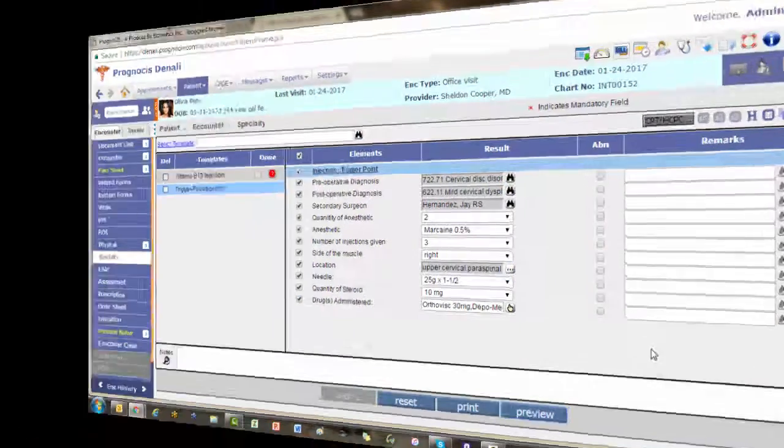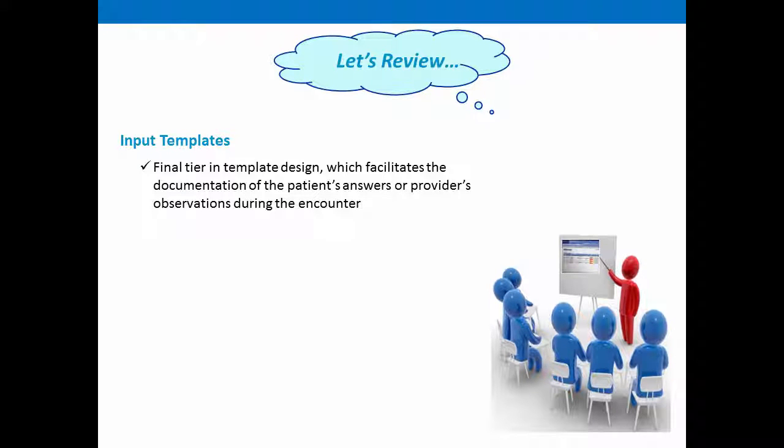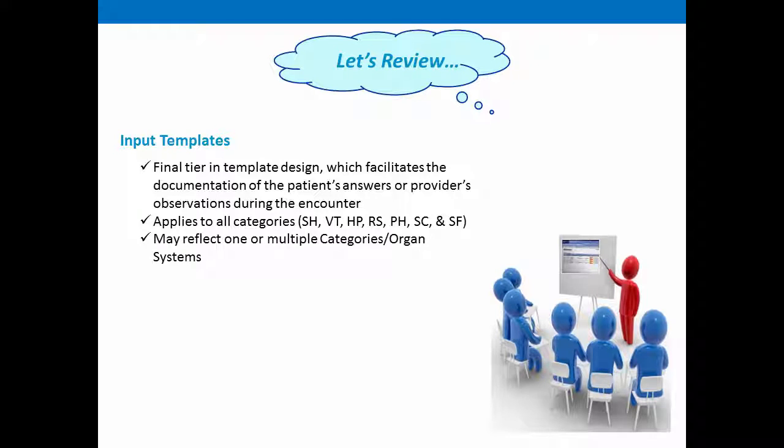But in review, input templates are the final tier in your template design, and this is what facilitates the documentation of your patient's answers or the provider's observations during an encounter. These principles apply to all classifications: social history, vitals, HPI, review of systems, etc. When building a template, they may reflect one or more categories or organ systems, each of which could have one or more elements or bullet points.